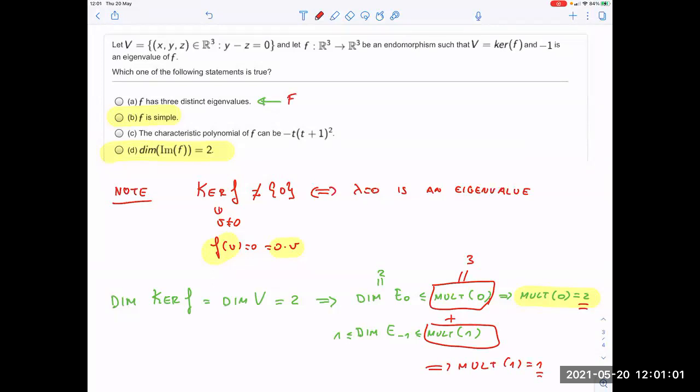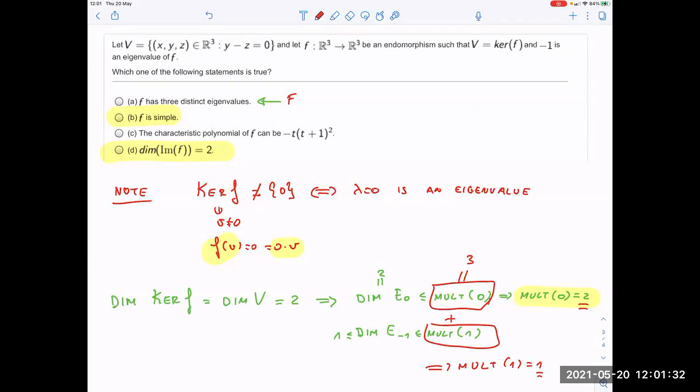Someone has an idea about why C is false. The characteristic polynomial of F can be minus t times (t plus 1) squared. And someone says 0 is not an eigenvalue. Well, 0 is an eigenvalue. Okay.